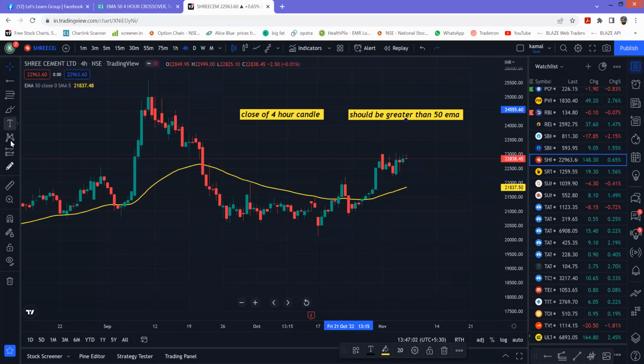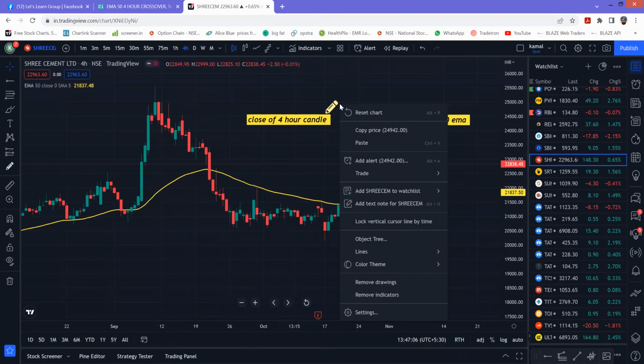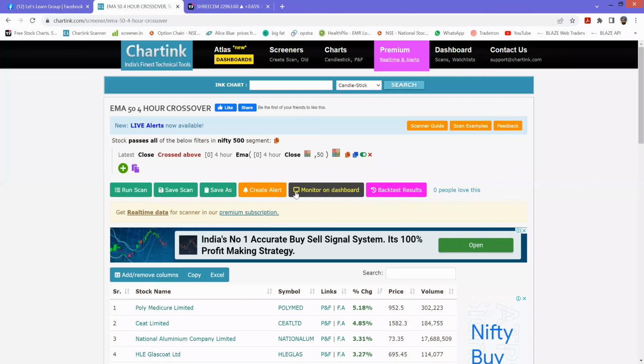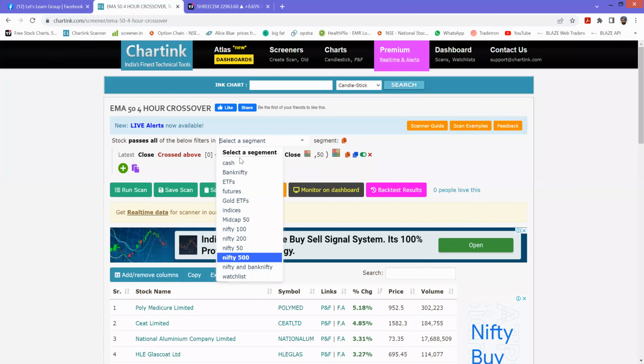It's very simple, I created it and I just put it here. I will put the link also for you all. That's the latest close, the last close above the 4-hour EMA, where the EMA duration is 50. And you just run the scan only on Nifty 50 first.